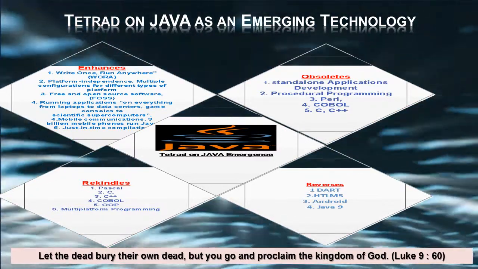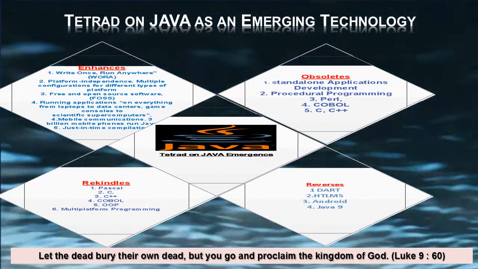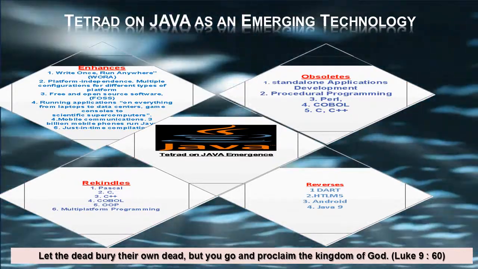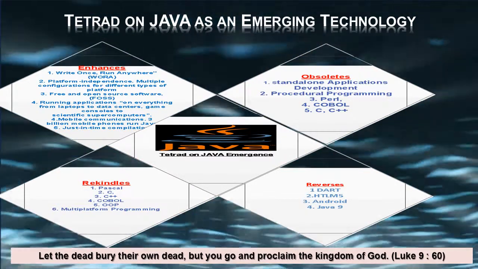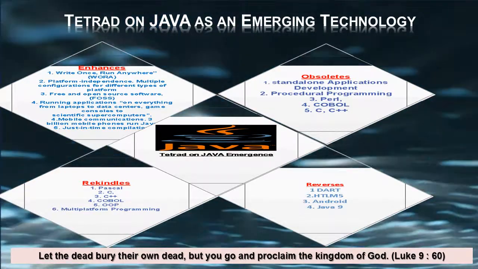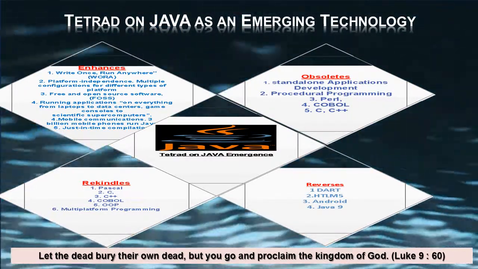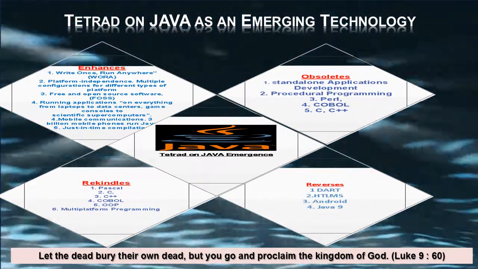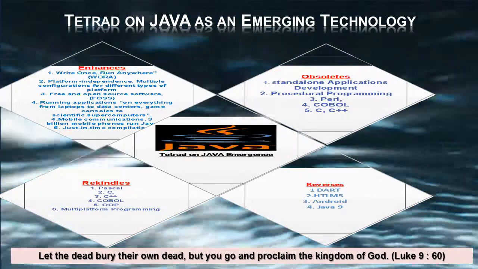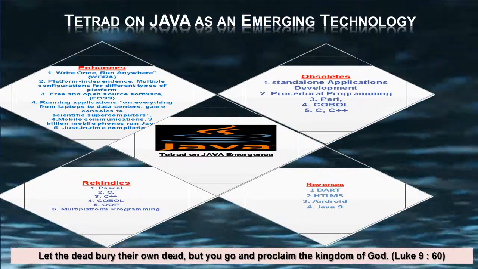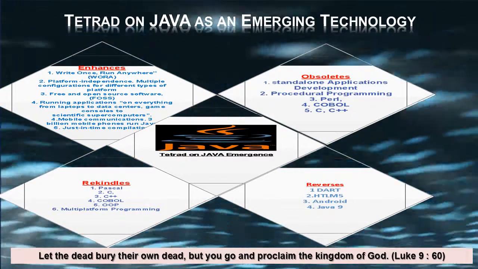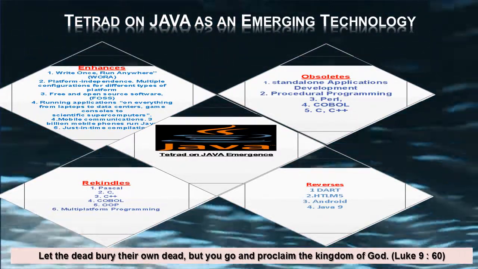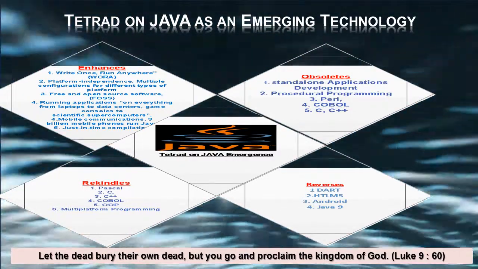Second, platform independence. Multiple configurations for different types of platform. Third, free and open source software, FOSS. Four, running applications on everything from laptops to data centers, game consoles, to scientific supercomputers.